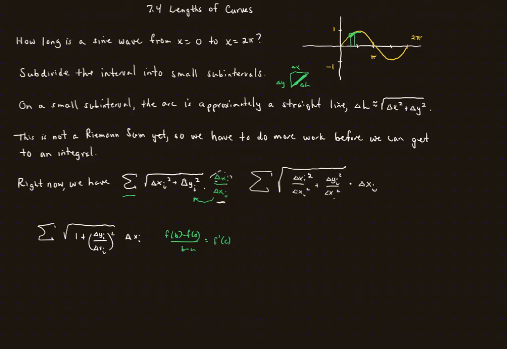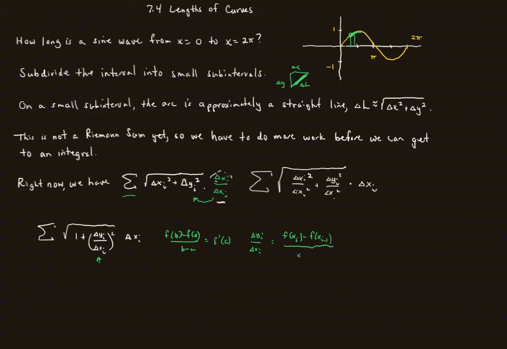Looking at delta y sub i over delta x sub i, the delta y is f of x sub i minus f of x sub i minus 1, that's our f of b minus f of a.